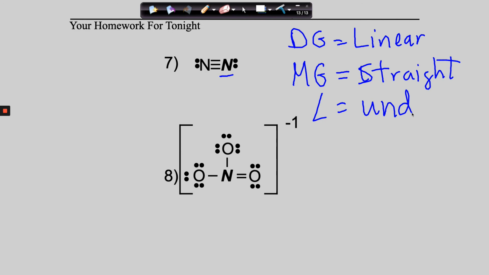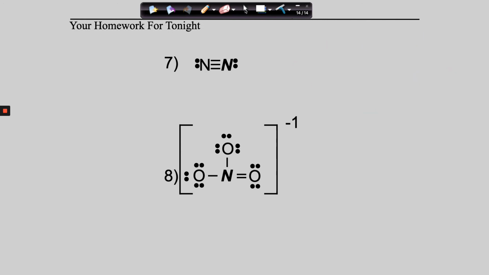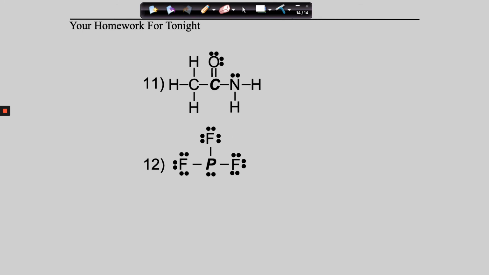And then guys, I'd like to do one more with you, if I may. The last one that I'd like to look at with you is the bottom one, PF3. How many domains are on the phosphorus? Number 12. How many domains are on the P? 4.